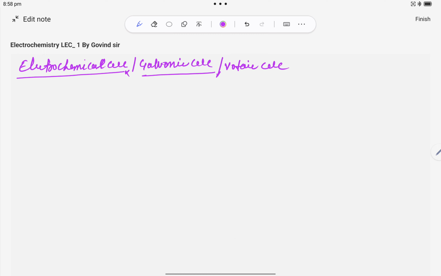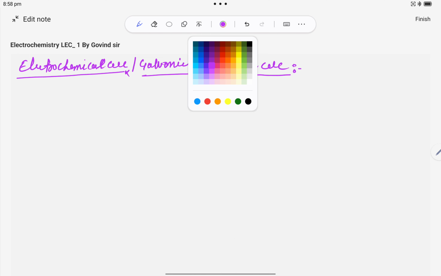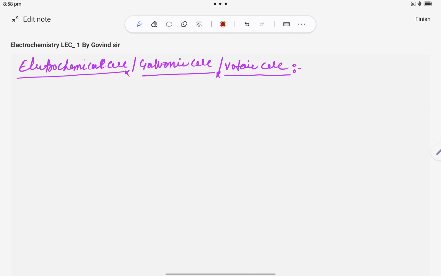The concept will be clear, but I'm not sure about the spelling sometimes. So what is the main concept? Electrochemical cell is a device which converts chemical energy into electrical energy.